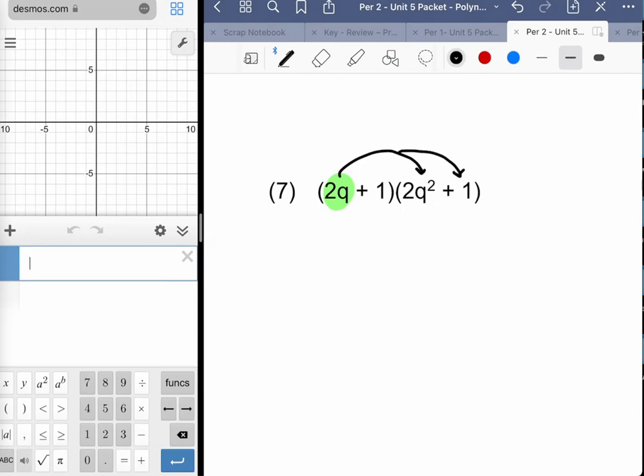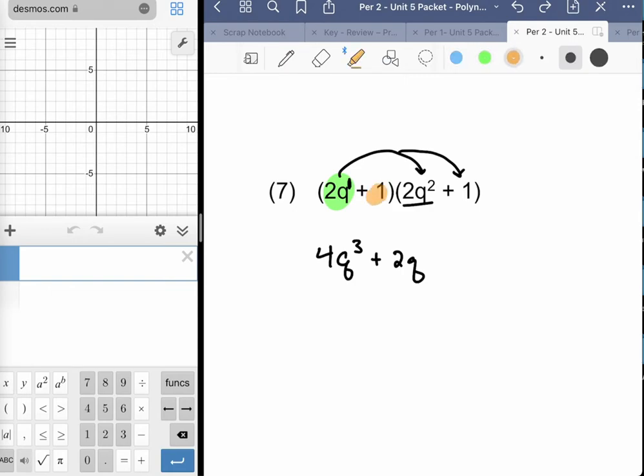So again, this is an assumed power of 1. 2 times 2 is 4. Keep the base, add the exponents, q to the third. 2q to the first times 1. Well, anything times 1 is itself, so that's going to be plus 2q to the first. Well, we could just write 2q.